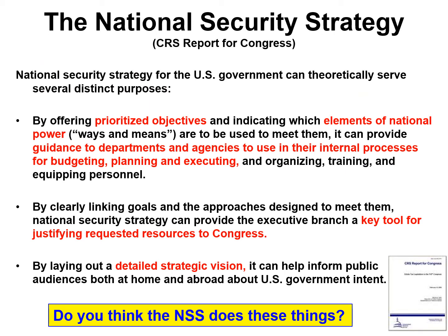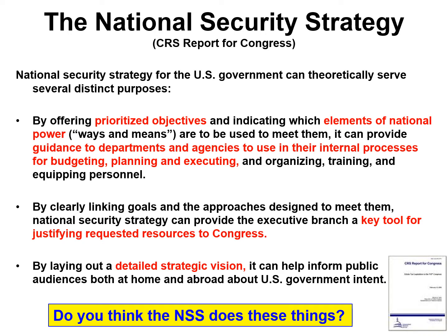So the national security strategy, as mandated by Goldwater-Nichols, is intended to do a variety of things, and it has some ways to try and show major objectives and the kinds of power we will use to get them. And it shows agencies within the government a broad outline view of what it is that they need to be doing to formulate their budgets and their overall activities to try and achieve national security goals.